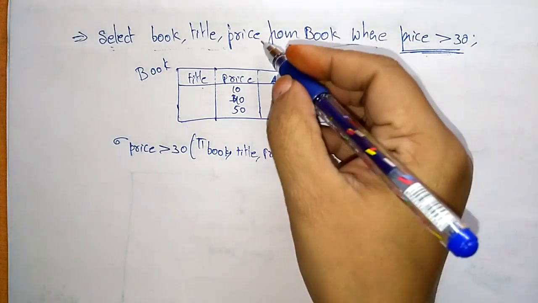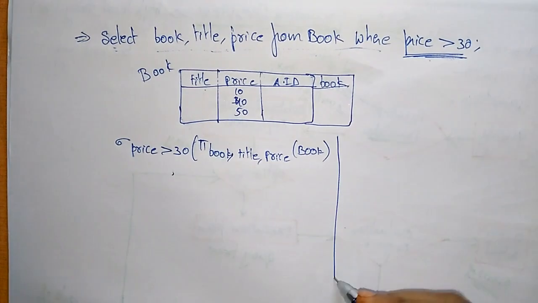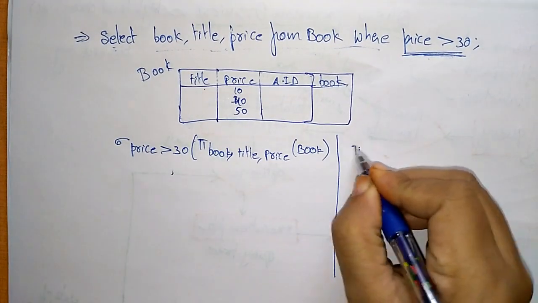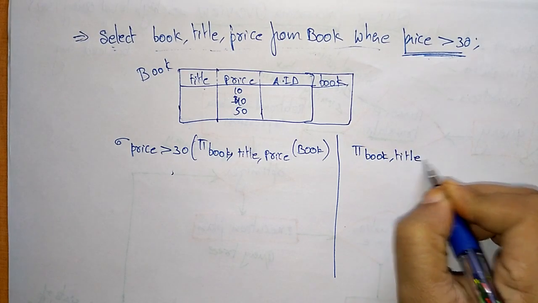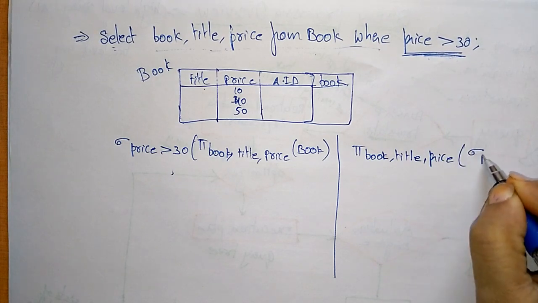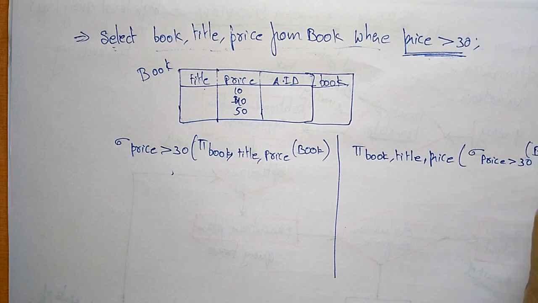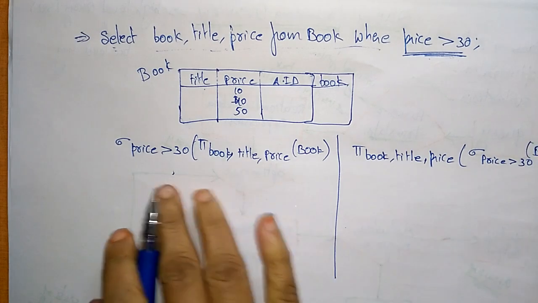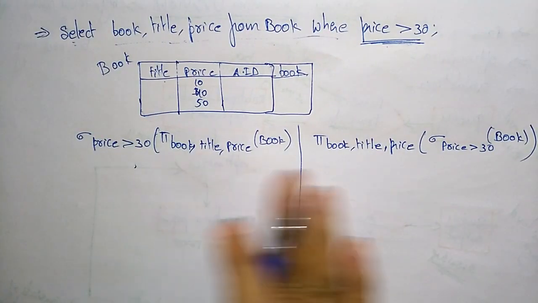This is one relation. You can write it like this in relational algebra, or else you can write pi book, title, price of sigma price greater than 30 on the table book. These two expressions are the same. You'll get the same output.